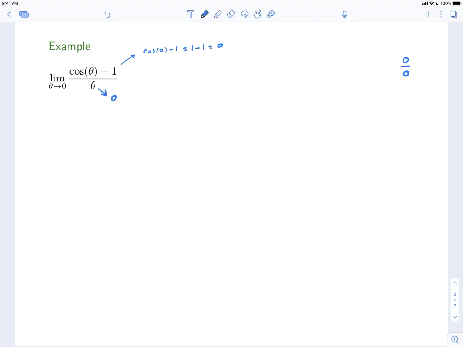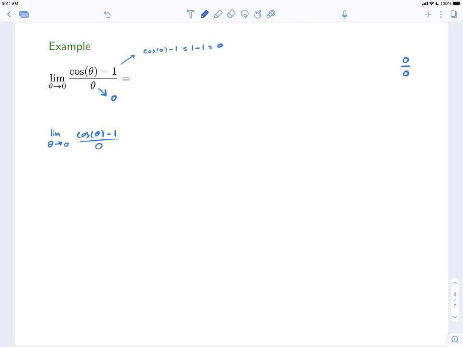It turns out that this limit does exist, and we can show that by manipulating the expression and working in the limit from the previous slide, namely the one involving sine of theta over theta. So how is this going to work? Well, we start with the limit as theta goes to 0 of cosine of theta minus 1 divided by theta.